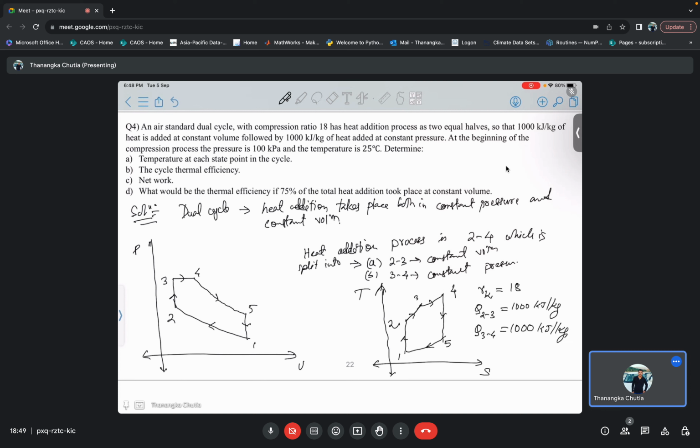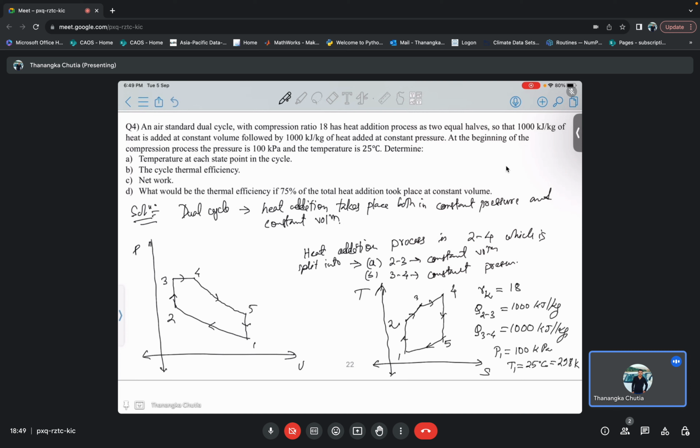At the beginning of the compression stroke, that means point 1, P1 is given as 100 kilopascal, and T1 is given as 25 degrees Celsius, that is 298 Kelvin.